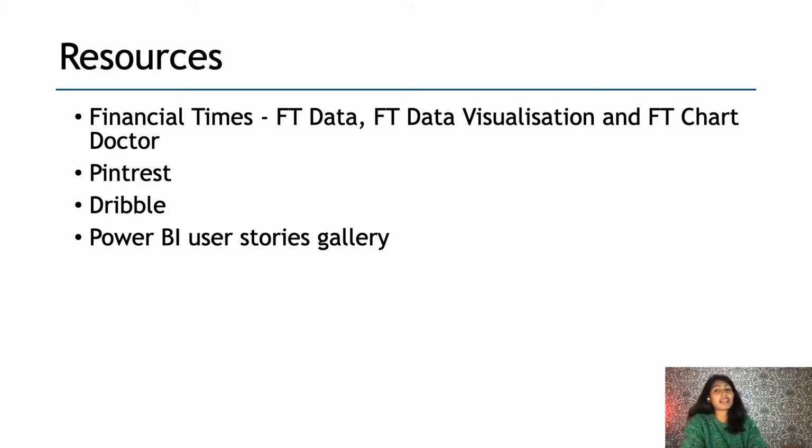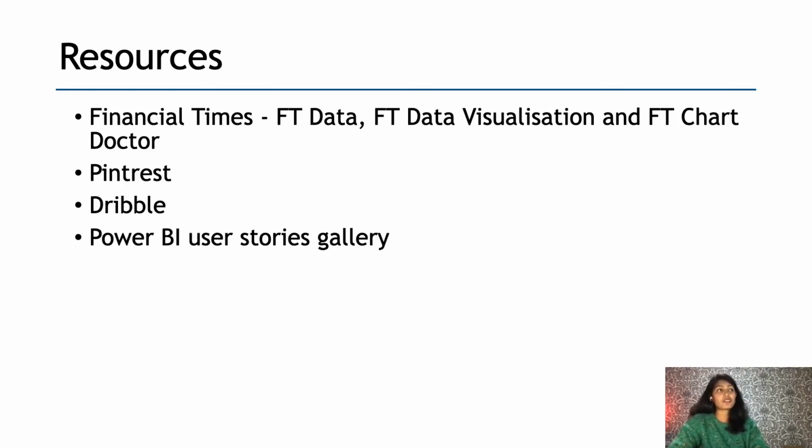Financial Times is my really good go-to whenever I want to get nice solid inspiration, and especially when I want to play with open data, Financial Times gives me really good ideas. And then Pinterest and Dribbble are amazing. And then there is obviously the Power BI user stories gallery.